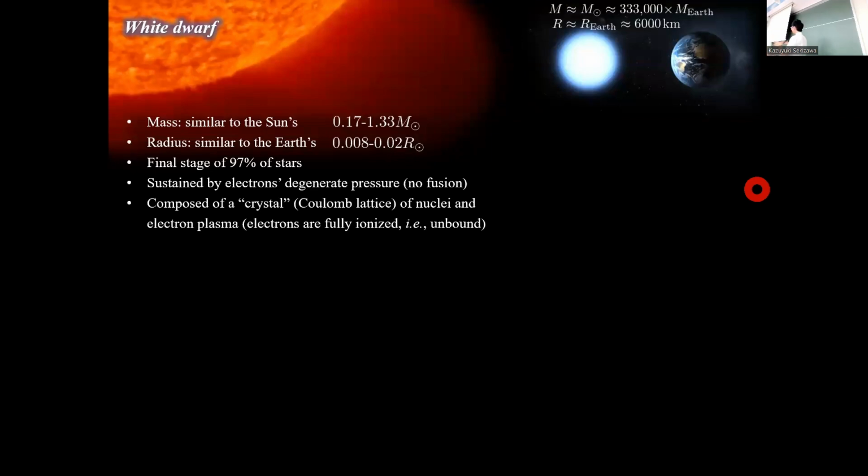Inside the white dwarf, we have no fusion reaction. The fusion reaction has been stopped. The gravitational force is sustained by the electrons' degeneracy pressure. Inside of the white dwarf, we have a crystal Coulomb lattice of nuclei.